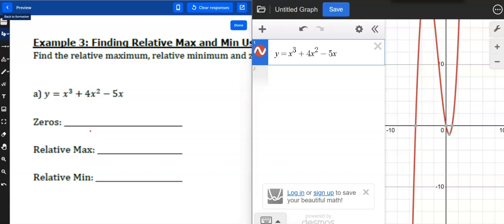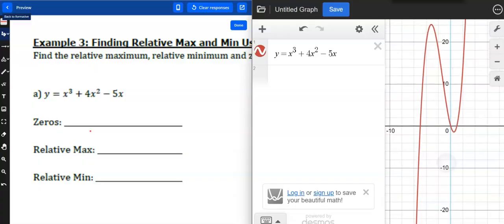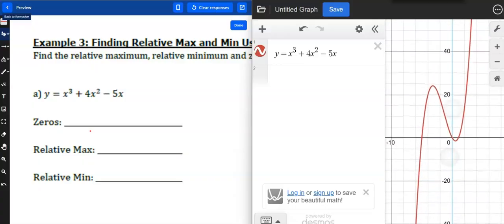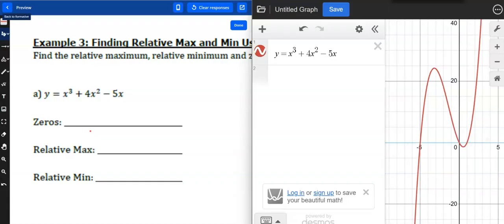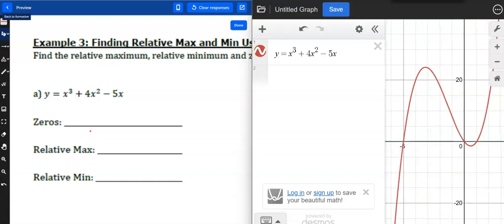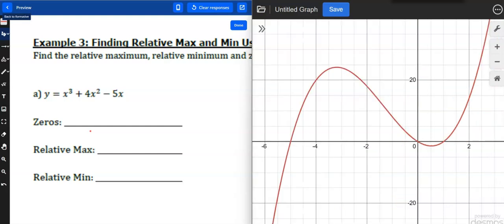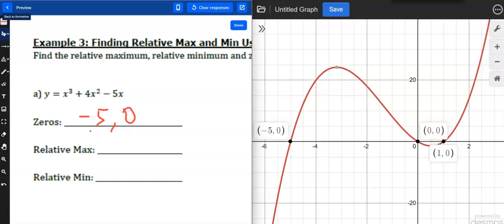If you put two fingers on an axis and change it to light blue, you can shrink or stretch just that one axis only. And then maybe if you want to stretch it out the other way to get a better looking picture, you can. But here's the picture of what we have. And it would be really nice if we knew zeros, if that's what they asked me for. And they do. They asked me for -5 and 0 and 1.